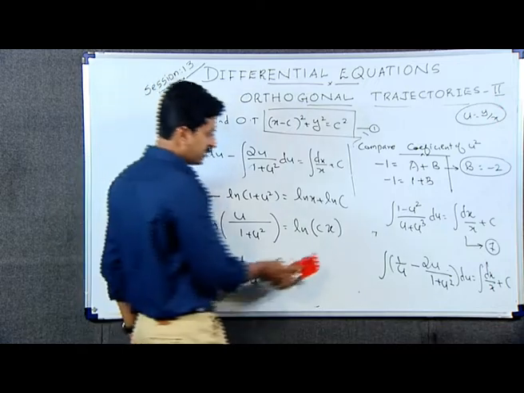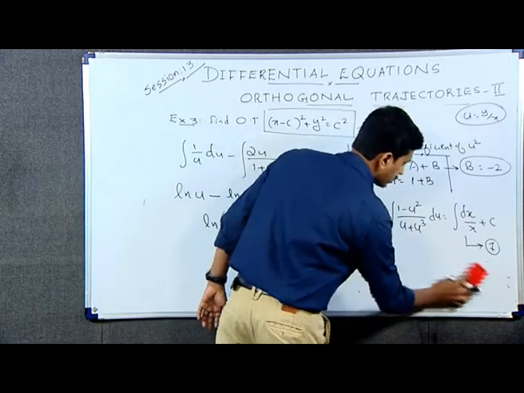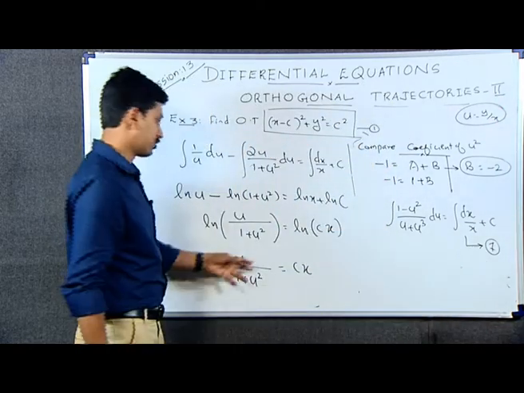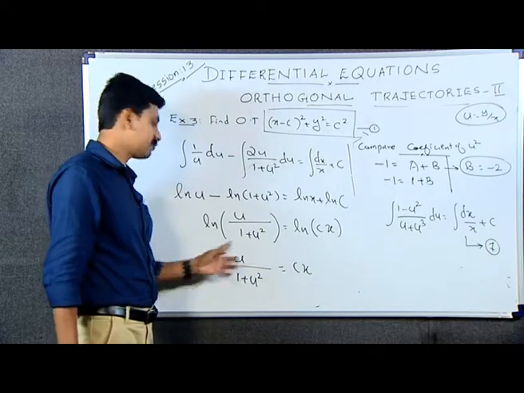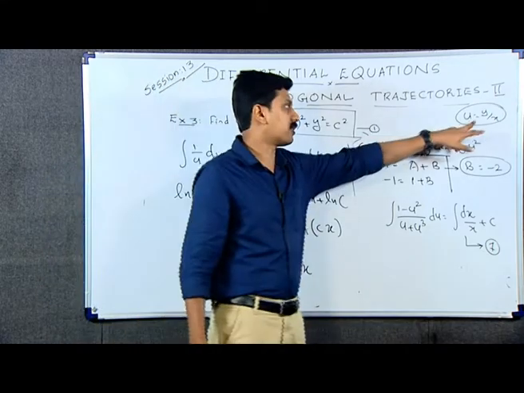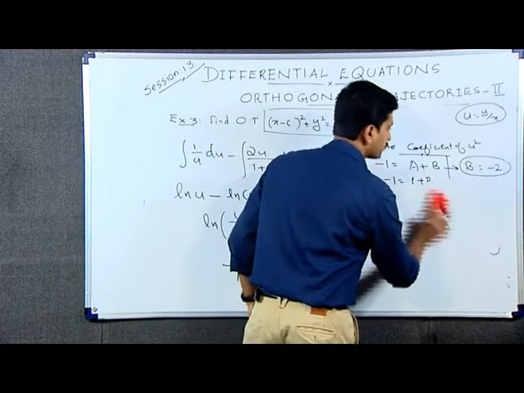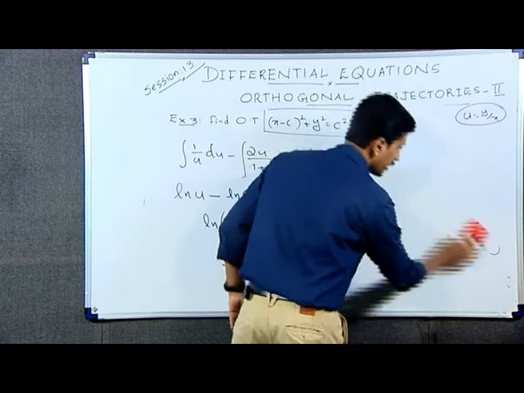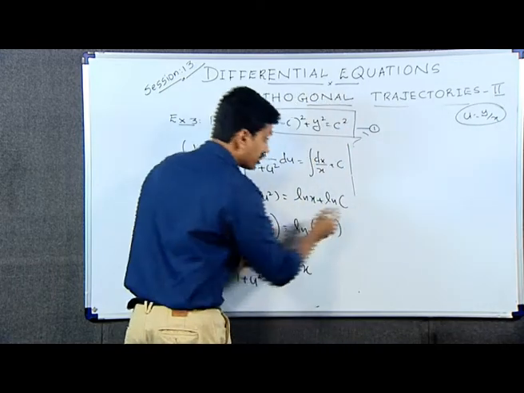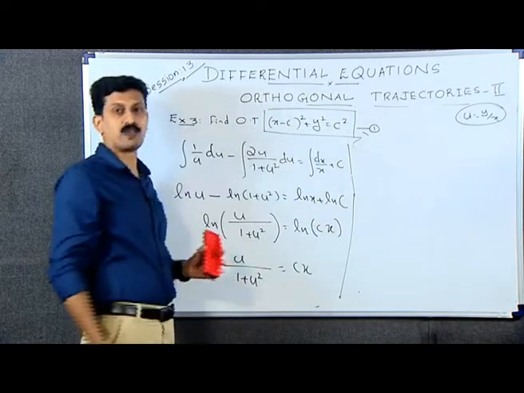This is actually the solution of equation 7. Now we have to replace u by y by x, so that we get the solution of 6. Actually, we have to solve 6 to get the orthogonal trajectories of 1.